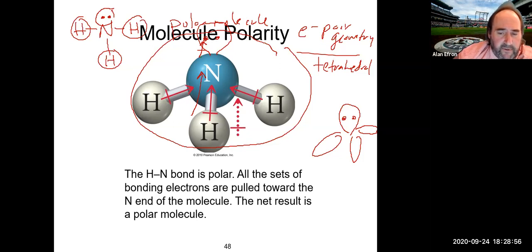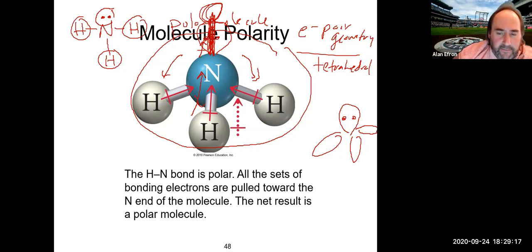Now, because we have those non-bonding electrons, what ends up happening is the actual molecule itself doesn't have a 4th bond happening here in a traditional tetrahedral arrangement. Because it doesn't have that bond, it allows the actual bonded atoms to move a little bit more than they would if there was that 4th bond there.